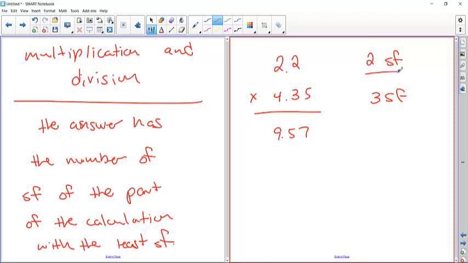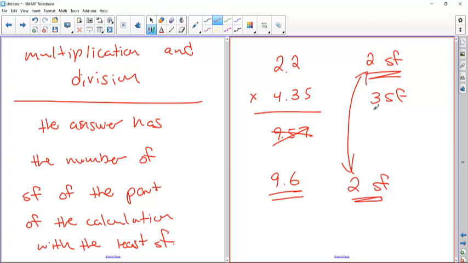The one that has the least number of significant figures is 2, so this will be rounded to 9.6, which has 2 significant figures. You can't get more significant figures. You can only have the number of significant figures associated with the least precise part of the product. And if you multiply 3 things together, you'd use the one with the least.